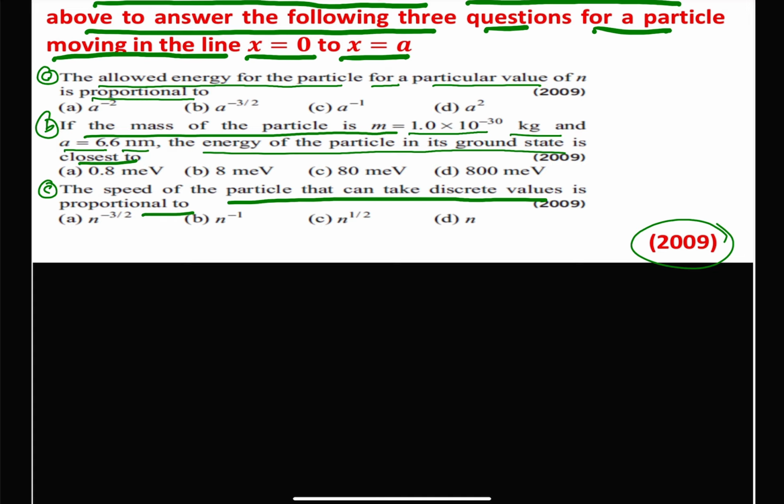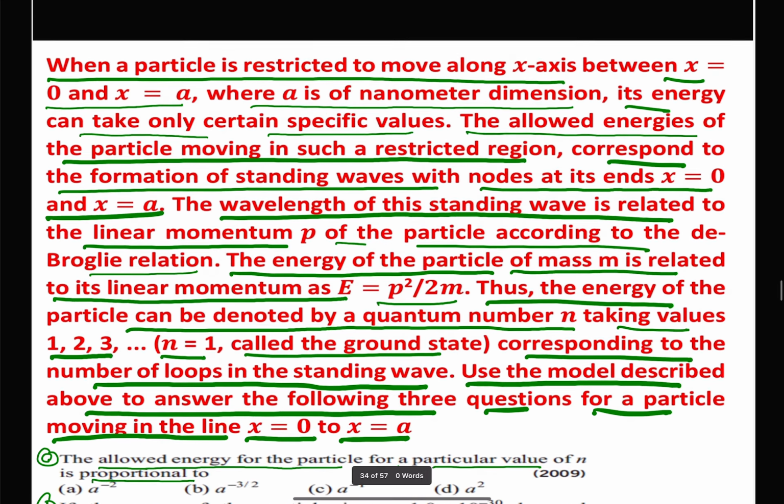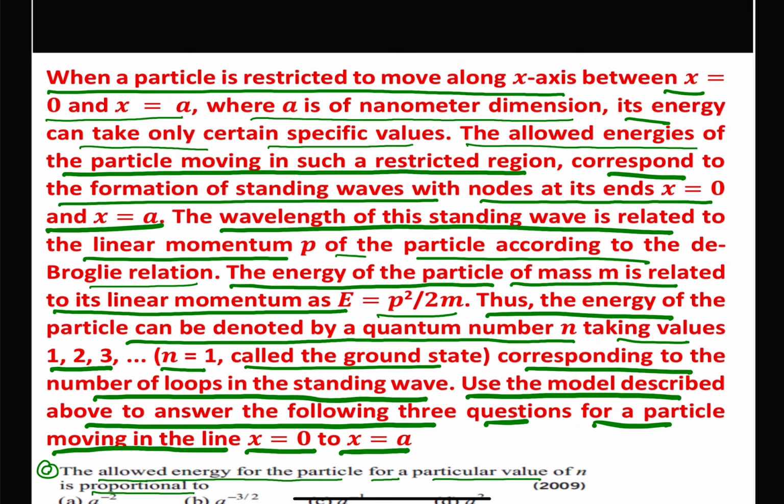And it states that at x equal to 0 and x equal to a, there are nodes. So obviously the rest will be alternating between node as well as antinode. So we can just draw an approximate figure.